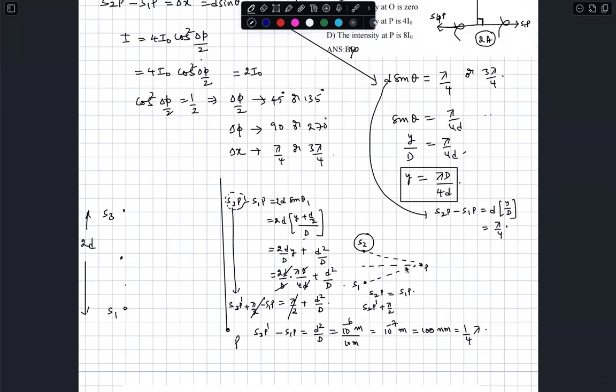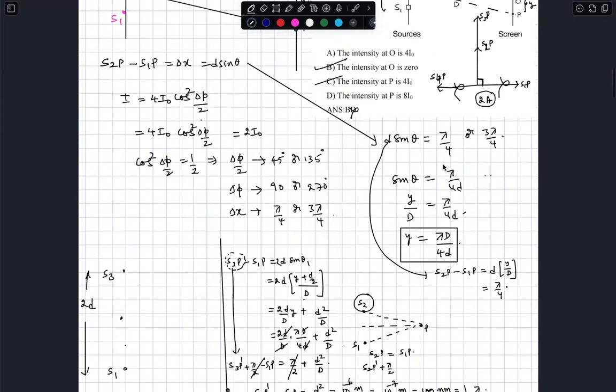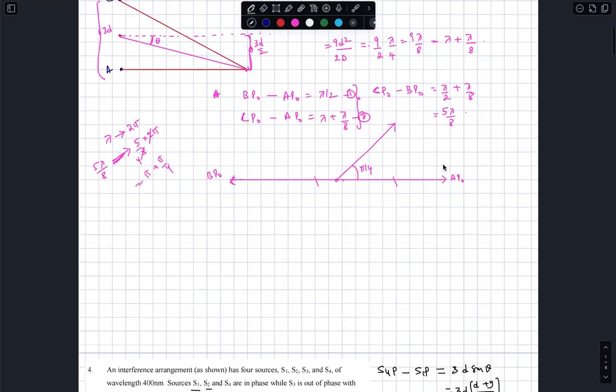No, always in a phasor diagram, you should take amplitude only. If you take intensity, you may get the answer as 2I naught, which is wrong. In a phasor diagram, you should take amplitude only. I think I have done the same thing in this question also.